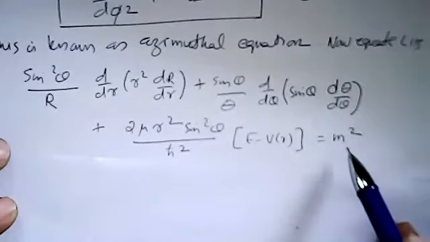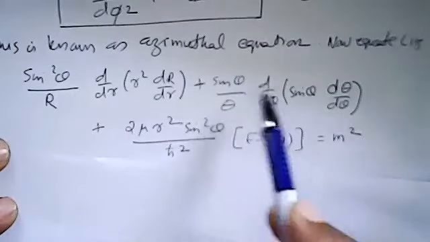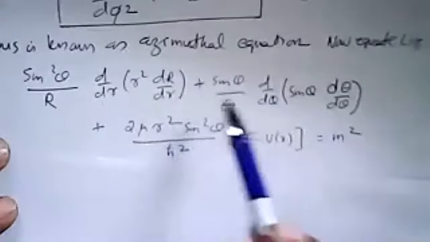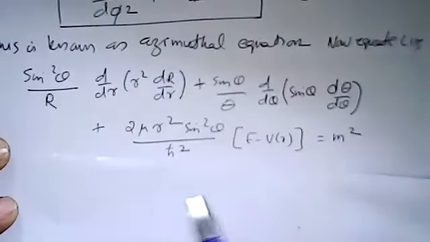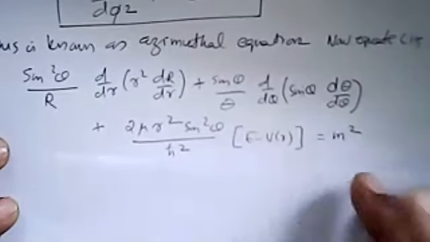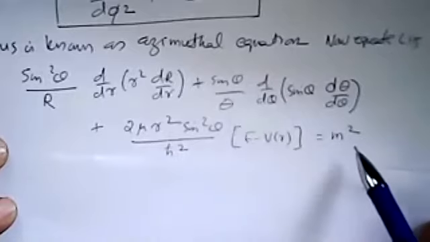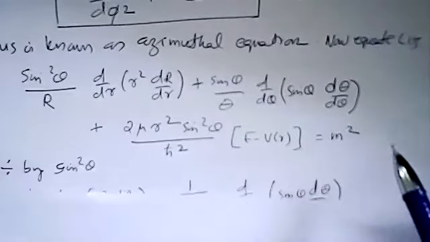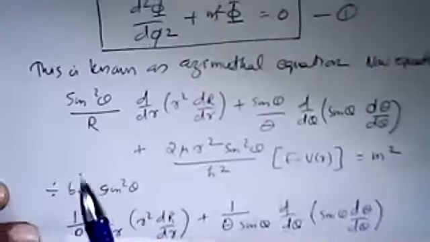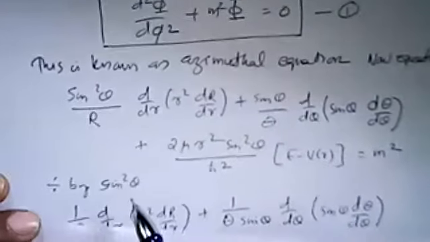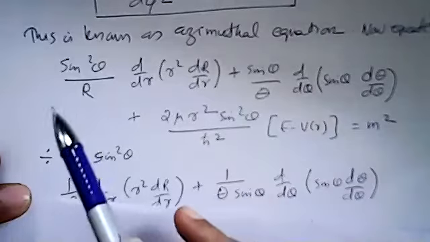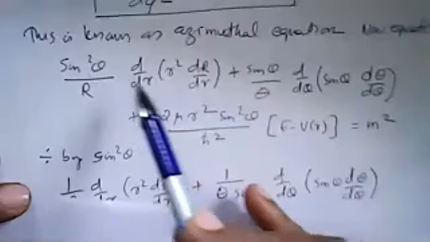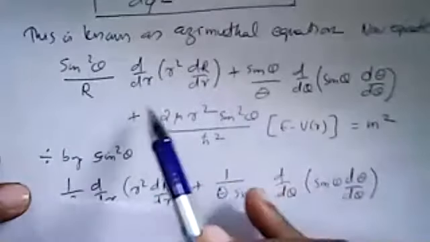I think this is clear. Now equate whatever remains. This contains both r and theta. Now we have to separate these two also using variable separable. For that, equate the same thing to m square. Now do some manipulations. Divide throughout by sine square theta, so this sine square theta will cancel. This becomes only the r term.